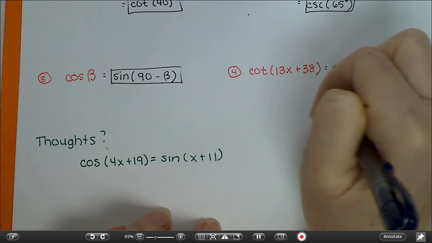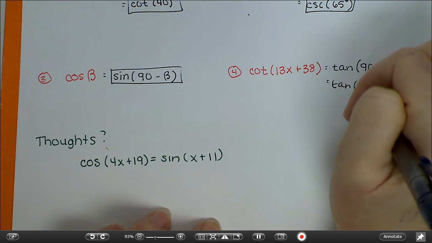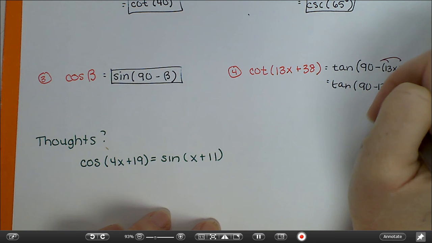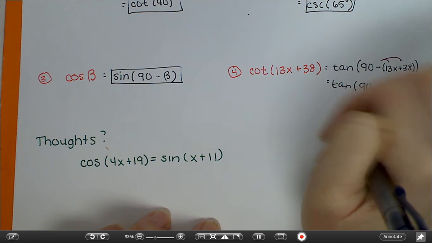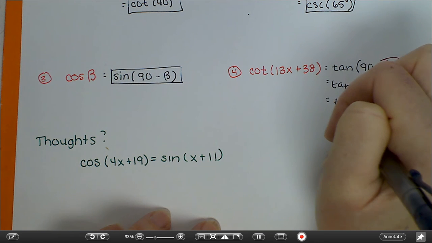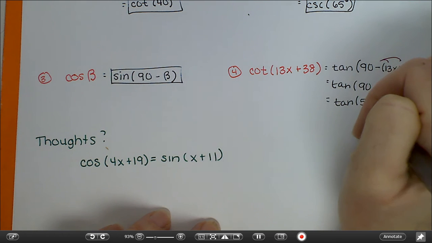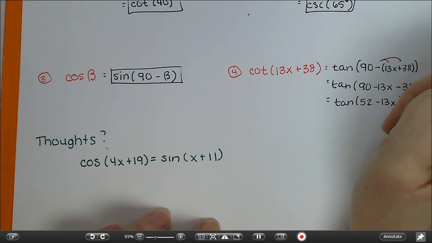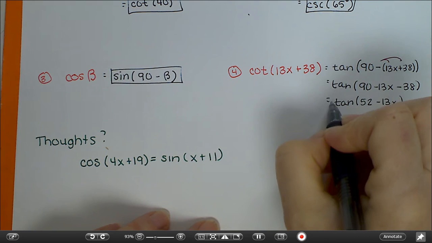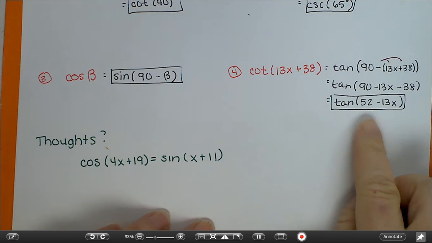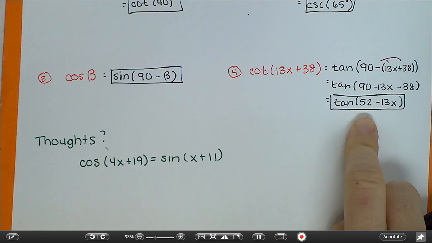And we're just going to simplify within these parentheses. So tangent of 52 minus 13x, or negative 13x plus 52. So even though this doesn't really look like an answer, it is an answer, and that's how you do it.